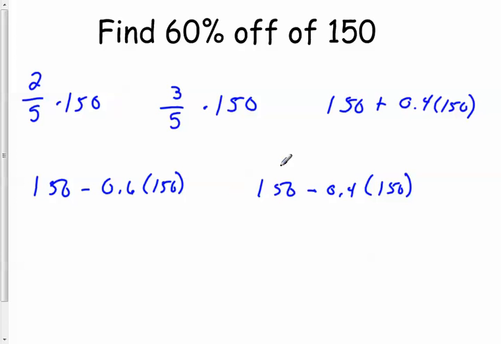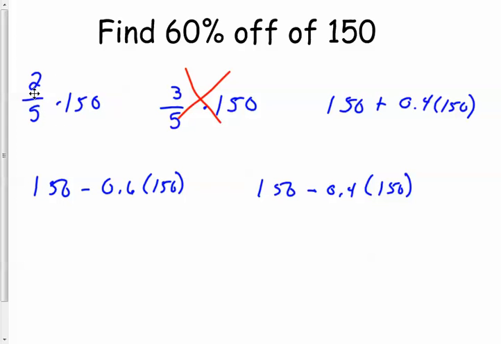Which one, if I'm getting 60% off, then I'm paying 40%, right? So let me change colors here. So this would be 60% times that. All that's doing is just finding what is 60% of 150, but it's not taking it off. If I'm getting 60% off, then I'm paying 40%.